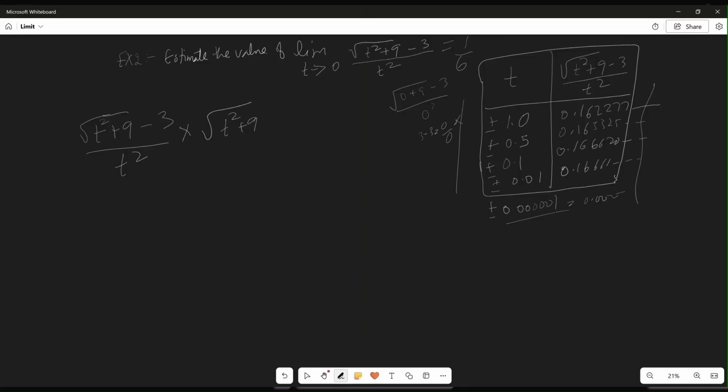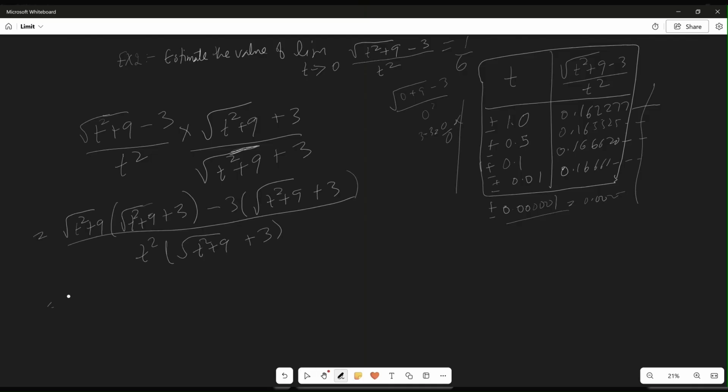We need to multiply the top and bottom by the conjugate, with the positive sign here. Okay. Now let's just multiply with each other. Multiply with this, and what we end up with is this.